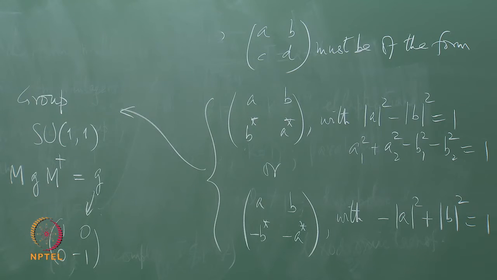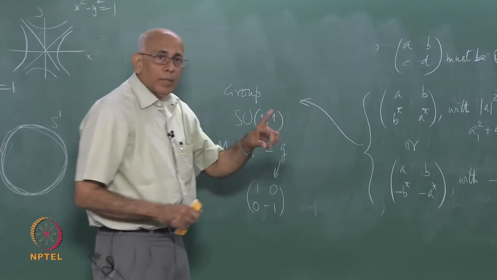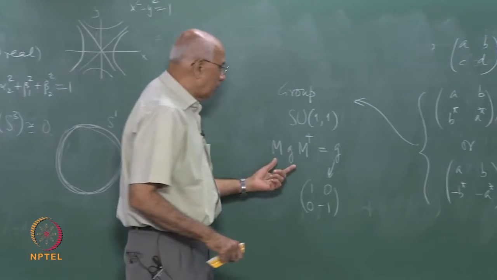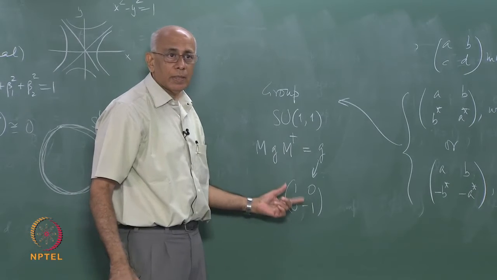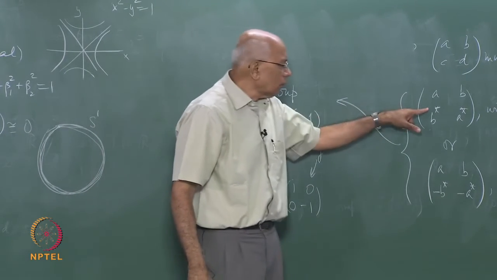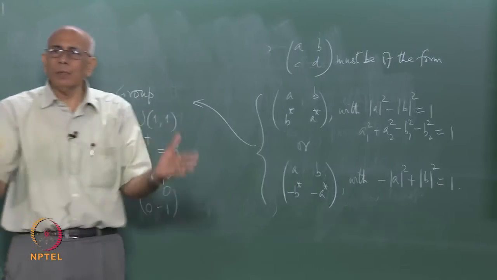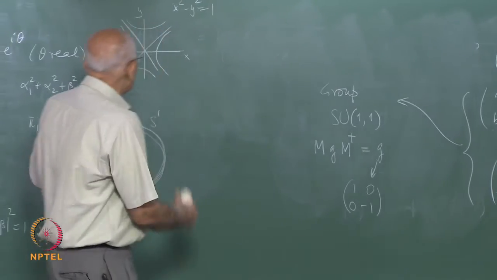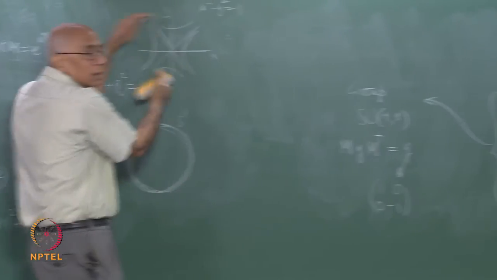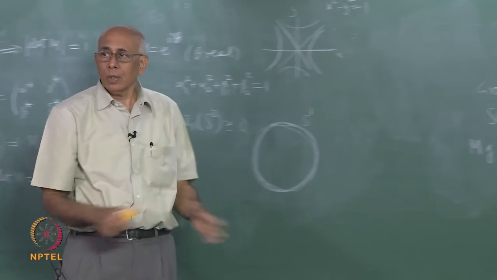So I leave you to verify that the most general 2 by 2 matrix which satisfies this condition with this matrix G here is either of this form or of this form. It has got to be one of these two. These are like two different parts of the hyperbola, as you can see. One of them corresponds to something like this and the other corresponds to something like that, but they are non-compact.